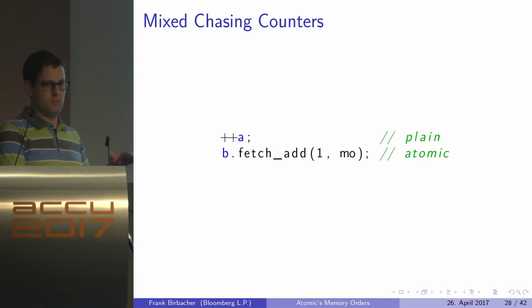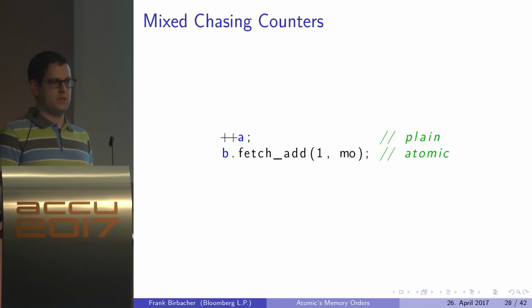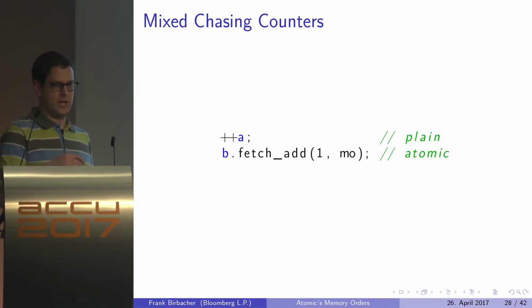Because it's in the source code before incrementing B. And for incrementing B, I now use the fetch_add member, which takes a memory order, while the operator ++ applies the sequentially consistent memory order. But then we can't change it. So we're going to change the memory order MO on incrementing B. And now we still have the same setup that lots of other threads try to observe B and A and figure out whether it makes sense or not, whether they come in order or whether B gets larger than A. Okay?